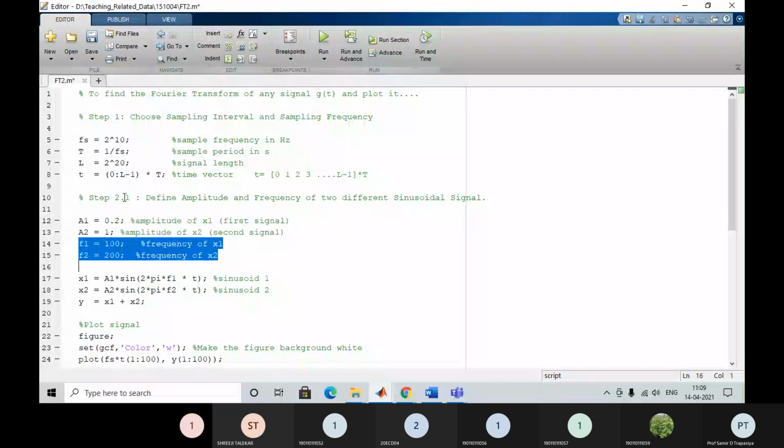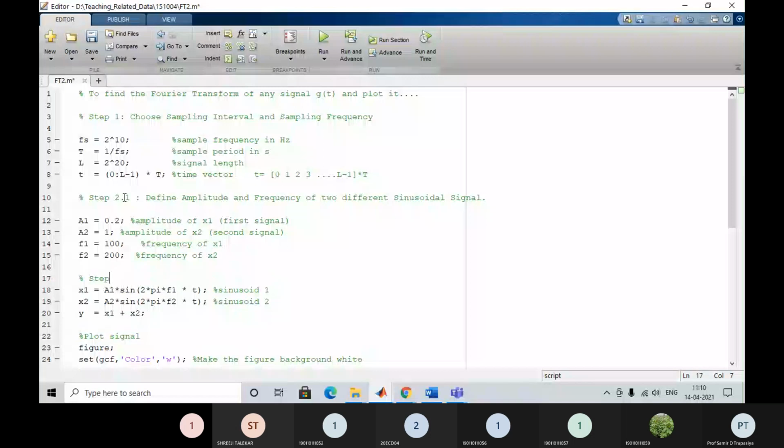Now the next step is basically a subcategory of step number 2, so we can say it is 2.2, where we produce two different signals x1 and x2, right? We can produce them because we already have the amplitude and frequency of the two signals. So now we can produce the signal and assign it to x1.